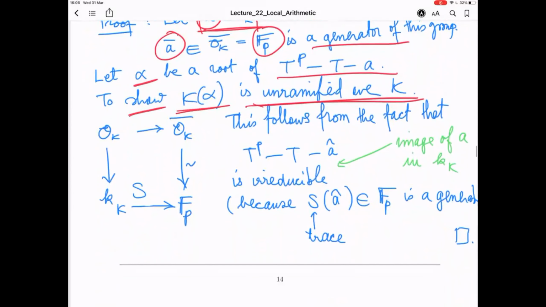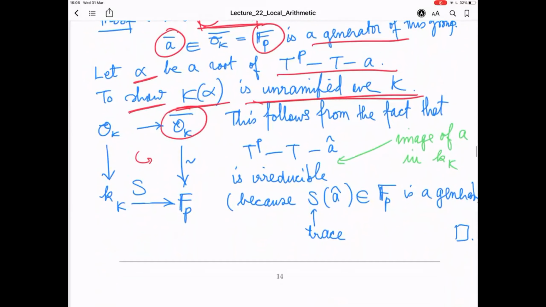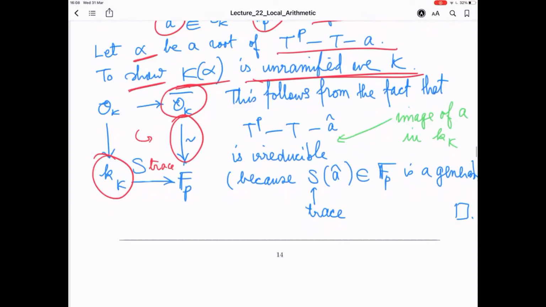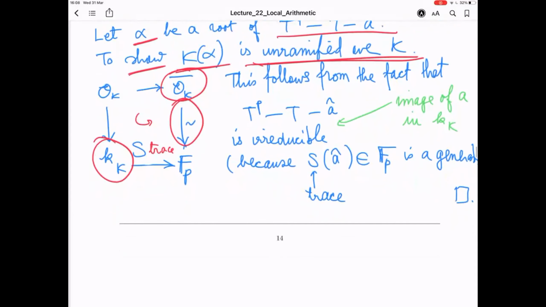So this diagram we had just seen: you have O_K, and that has image O_K bar, but modulo ℘_K you also have the residue field k_K, and you have the trace map, right, which takes you to F_p, and there is an isomorphism here which makes this diagram commute. The unique isomorphism here.